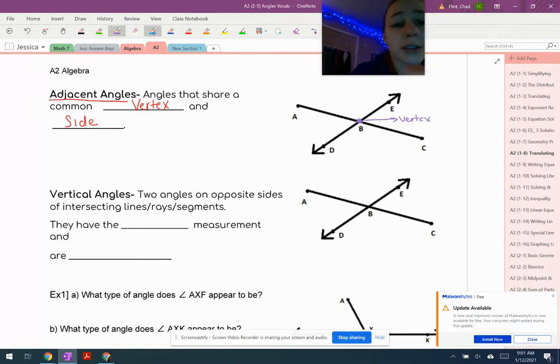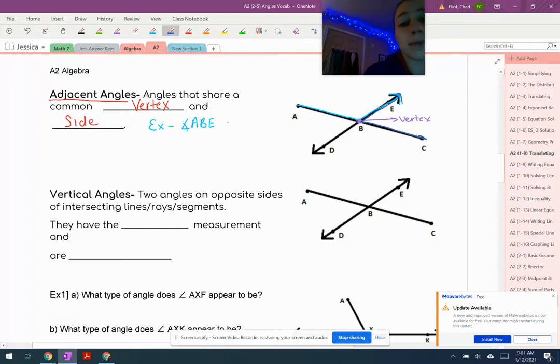So adjacent angles could be something like, an example would be angle ABE. ABE is adjacent to angle EBC.